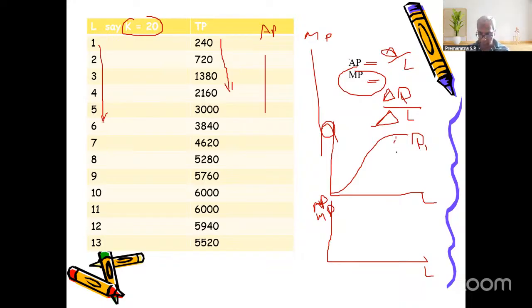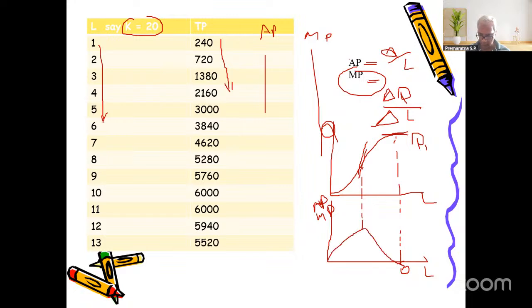So there you will notice the relationship I made in the exam. When you come to the maximum point of total product, the marginal product is 0. When you get the maximum slope here, you get the marginal product at its maximum.